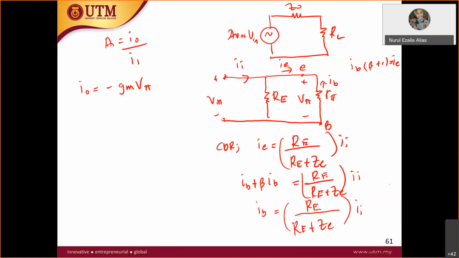Then you have the portion over there of IB. Therefore, I naught is equal to the negative GM V pi R pi, because V pi equals IB R pi. So here you replace the IB going to here. Finally, you will have the equation.